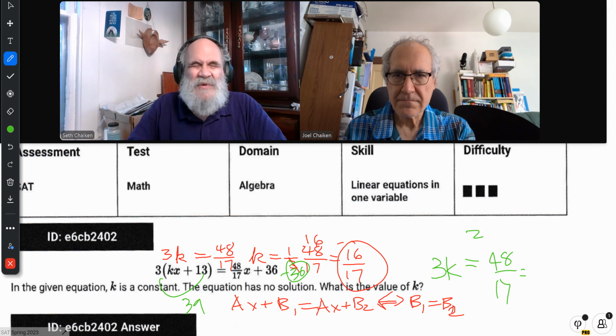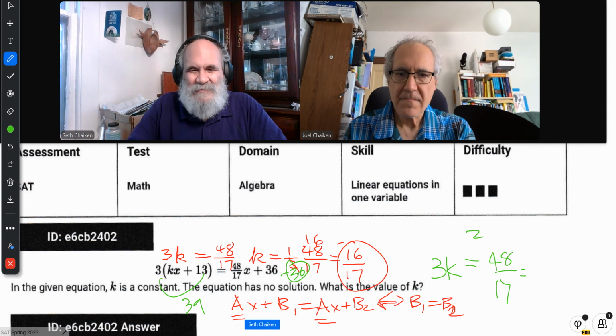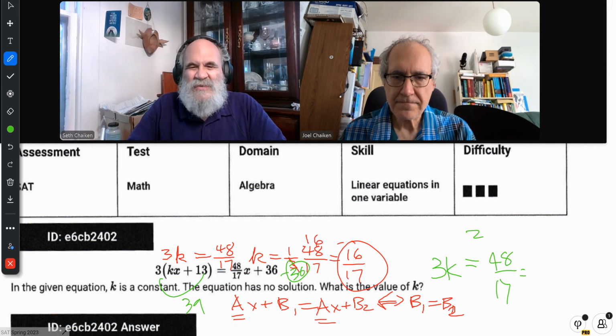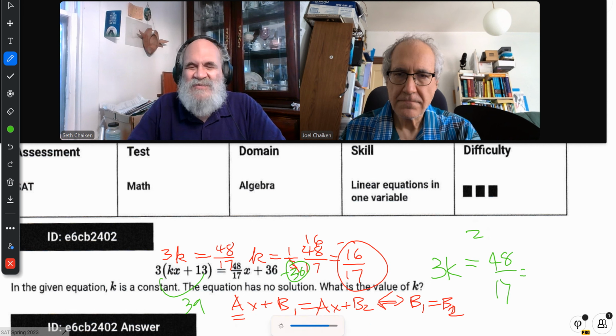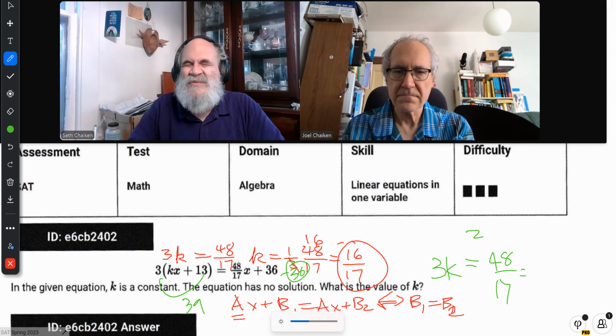Well, when you have some coefficient times x on the left-hand side, and the same coefficient times x on the right-hand side, and the rest of the two sides are two constants, b1 and b2, this equation is equivalent to the one obtained by canceling out the ax. So this equation is equivalent to the equation that says two constants are equal.